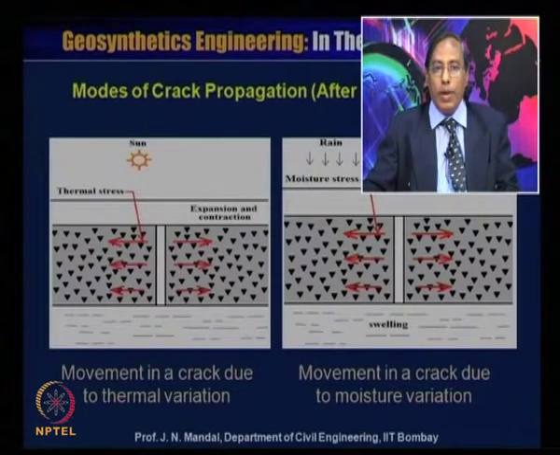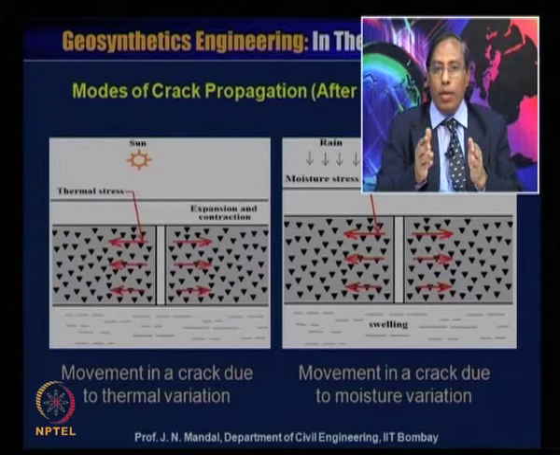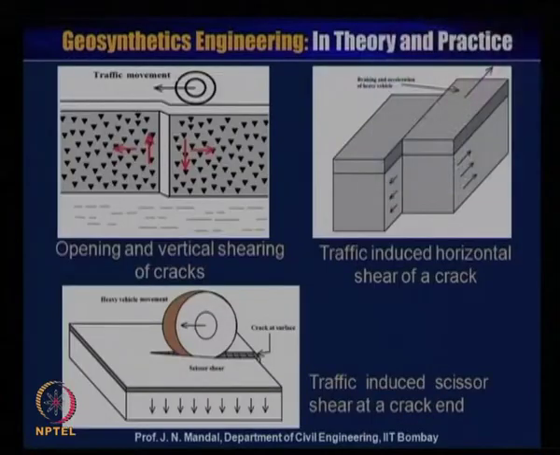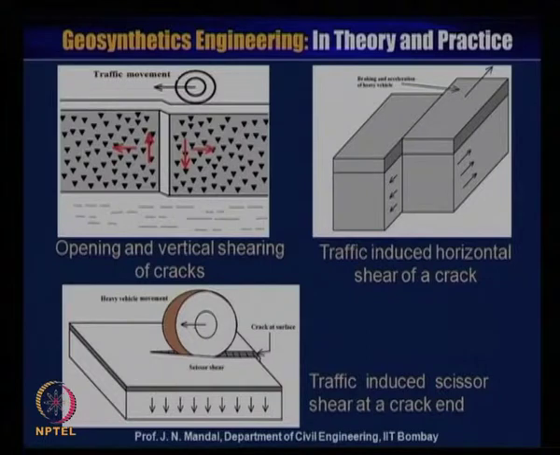It may propagate due to the temperature, it may propagate due to the moisture or rain, and there is also a possibility of soiling, and then a possibility for cracking. So, the crack may occur due to the thermal stress, also it may occur due to the moisture state, because there is moisture variation and thermal variation.